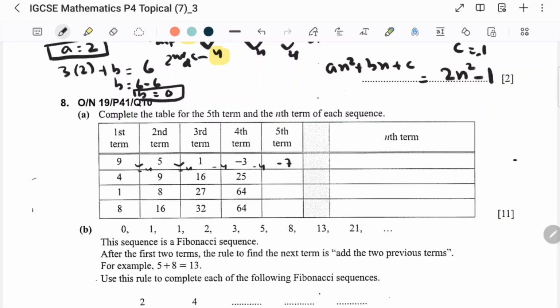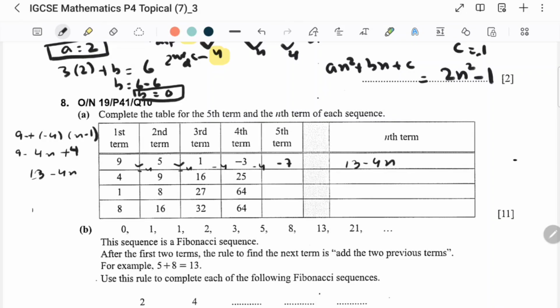It's a linear sequence, a plus d(n minus 1), so 9 plus (n minus 1) times minus 4. It's a short of space. I'm doing here 9 minus 4n plus 4. 9 plus 4 is 13, so 13 minus 4n.